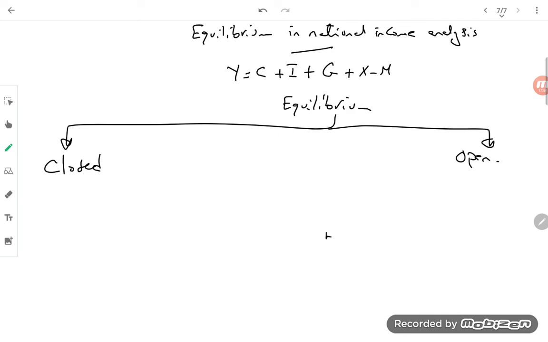And in case of a closed economy, we have to identify whether there is government in this economy or not.